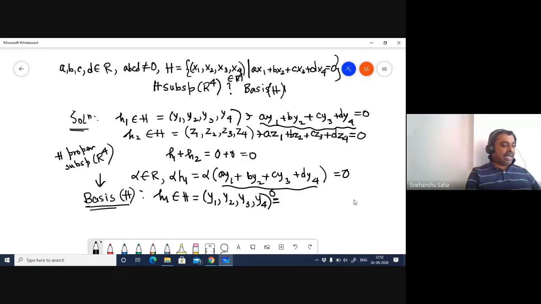So would you agree that I can write y1 in the following manner: minus b by a y2, minus c by a y3, and minus d by a y4? I'm just replacing y1, so that I reduce the number of basis vectors. The second entry is just y2, the third entry is y3, and the fourth entry is y4.